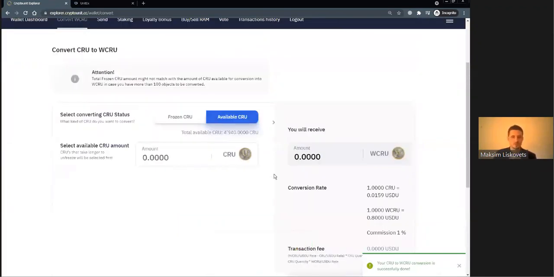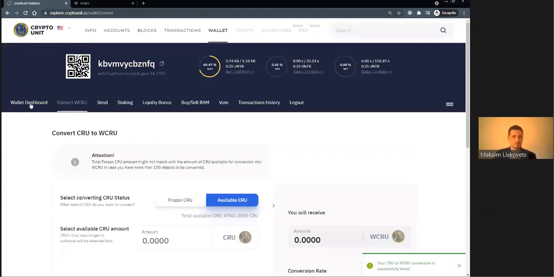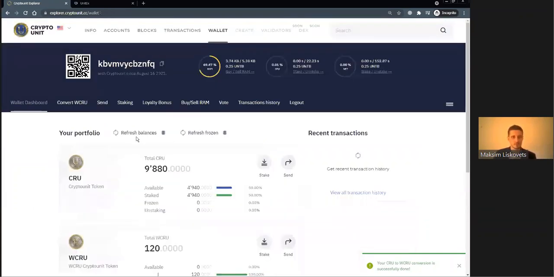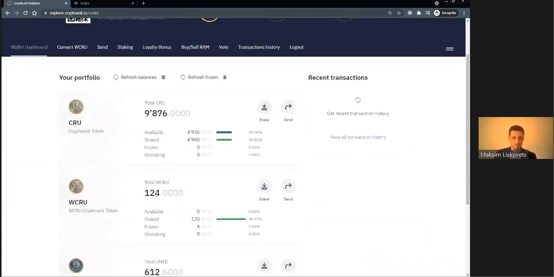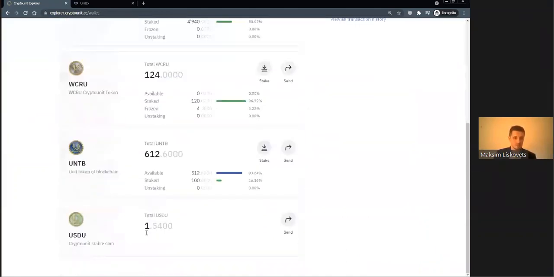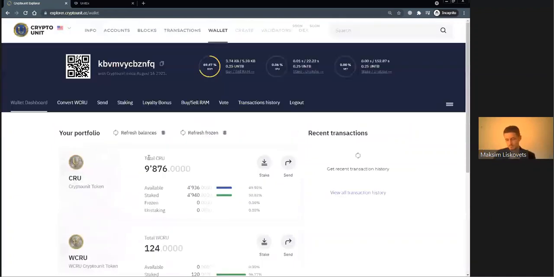And there is a notification that CRUs were converted into World CRU. We press refresh balances. Before I had 120 World CRUs, whereas now I have 124 and 1 USDU left in my wallet. Well, I believe it's clear.